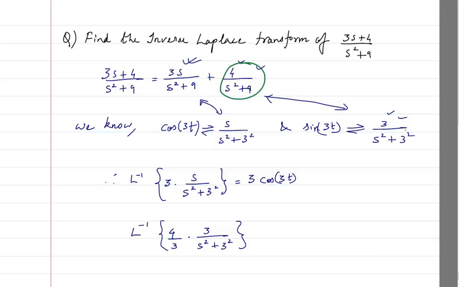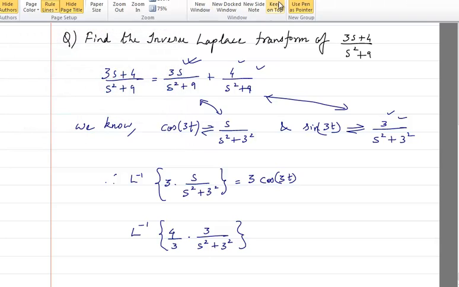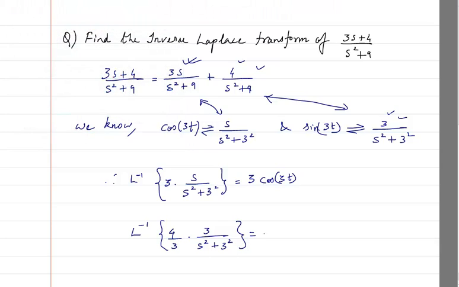So if you want to take off this value 3 and replace it with 4, you have to multiply this with 4 by 3. So 3 and 3 cancel and 4 remains. That is what I have done here. Now let us go back. So this is going to be 4 by 3 times sine 3t.